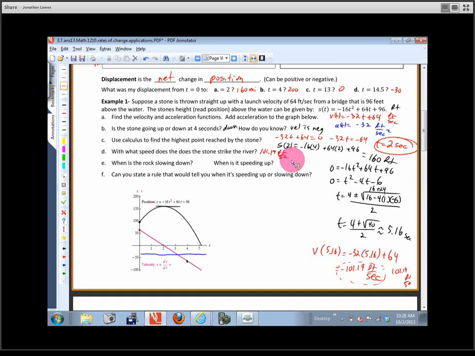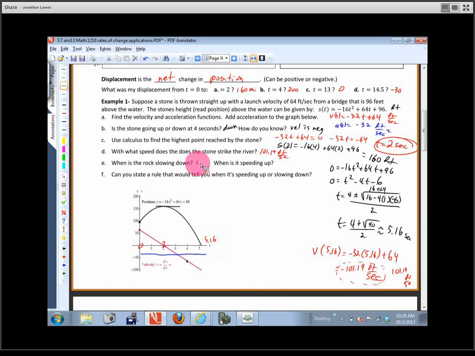Okay, when is the rock slowing down and when is it speeding up? I mean, everybody's throwing something up in the air. When is it slowing down? Okay, so from 0 to 2 seconds, it's slowing down, and then it's speeding up all the way until it hits the water, right? So from 0 until 5.16.